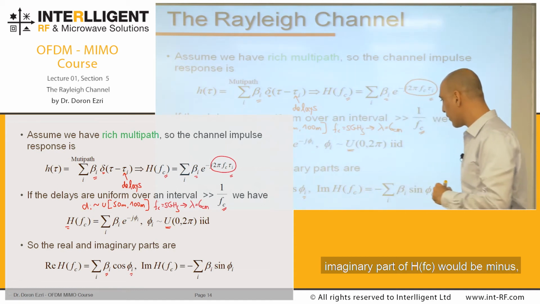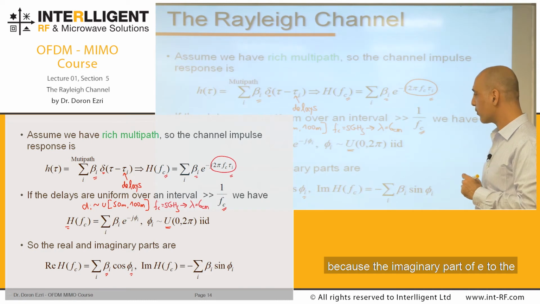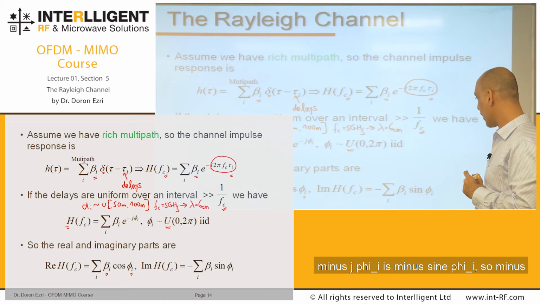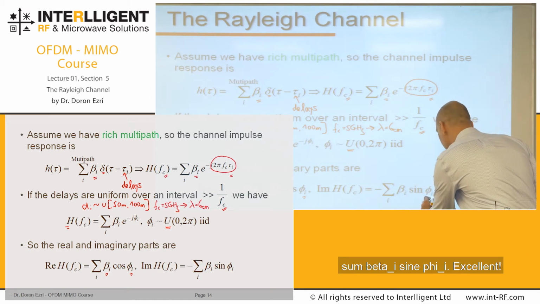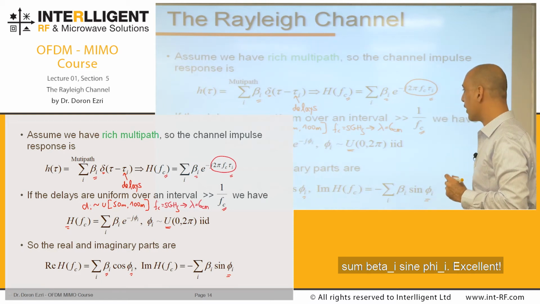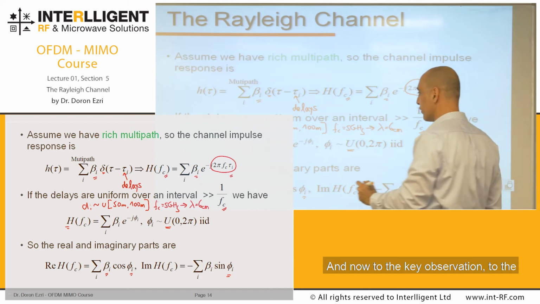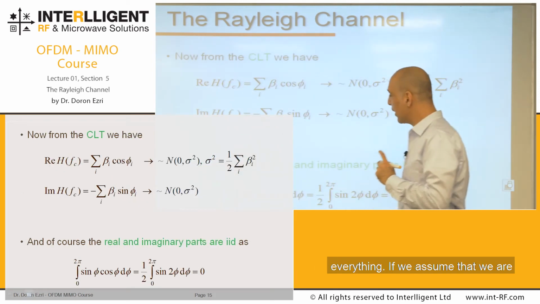The imaginary part of h(fc) would be minus, because the imaginary part of e to the minus j phi i is minus sine phi i. So minus sum over i of beta i sine phi i.